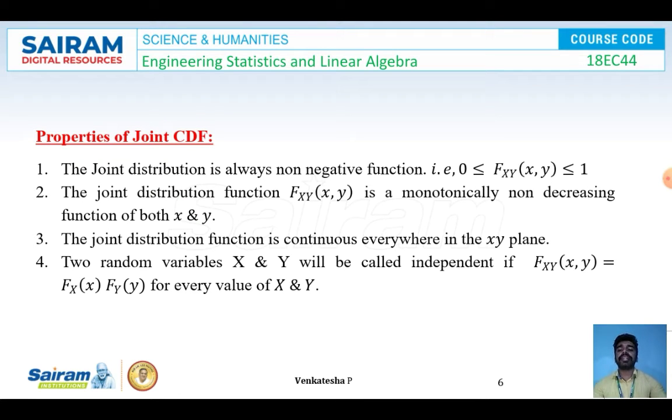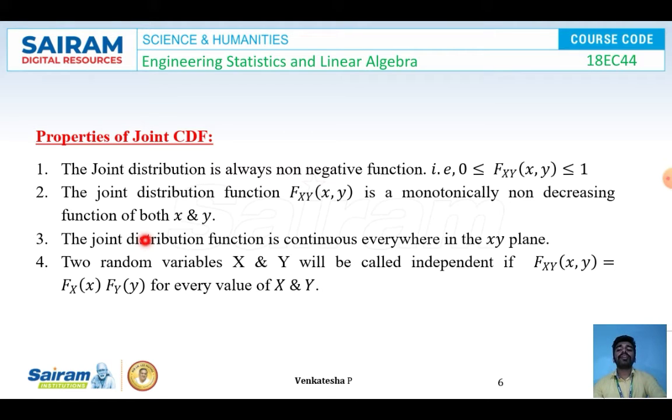Properties of joint CDF. The first property: the joint distribution is always a non-negative function. That is, the joint CDF varies between 0 and 1. It is given by 0 ≤ F_XY(x, y) ≤ 1. Second property: the joint distribution function F_XY(x, y) is a monotonically non-decreasing function for both x and y.